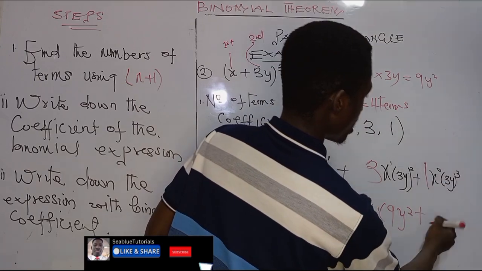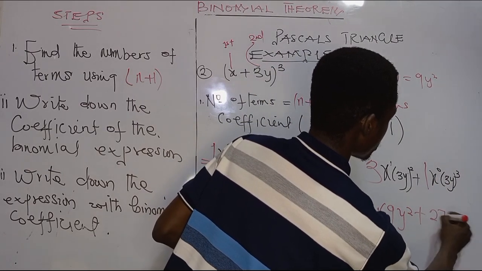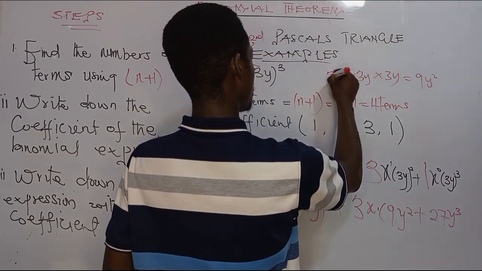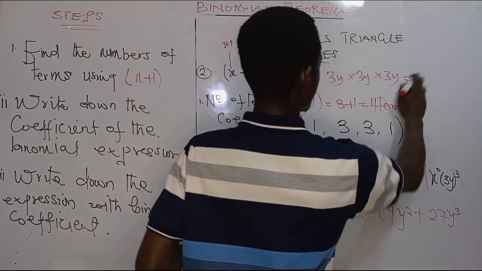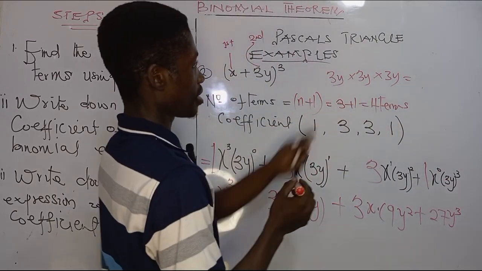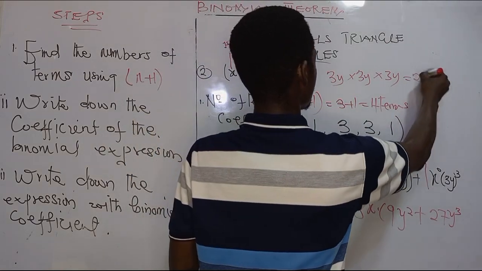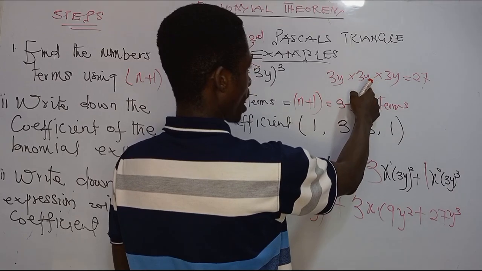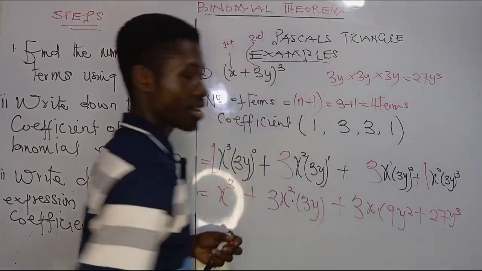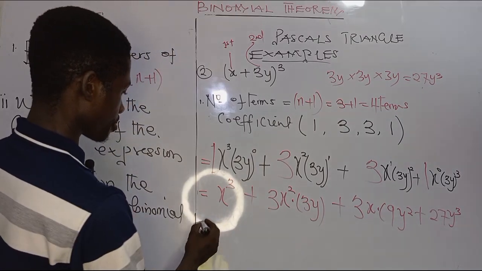Then we have, this will give us 27y power 3. So this is the same as 3y raised to the power 3. So we have 3 times 3, 9. 9 times 3, 27. So we have 27. y times y squared gives y cubed. That is what we have here. Now let's simplify further and see what we are getting.